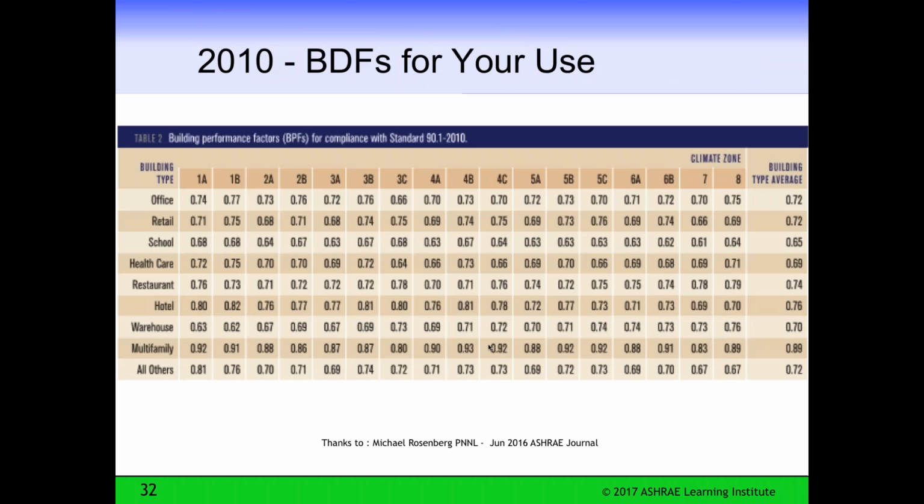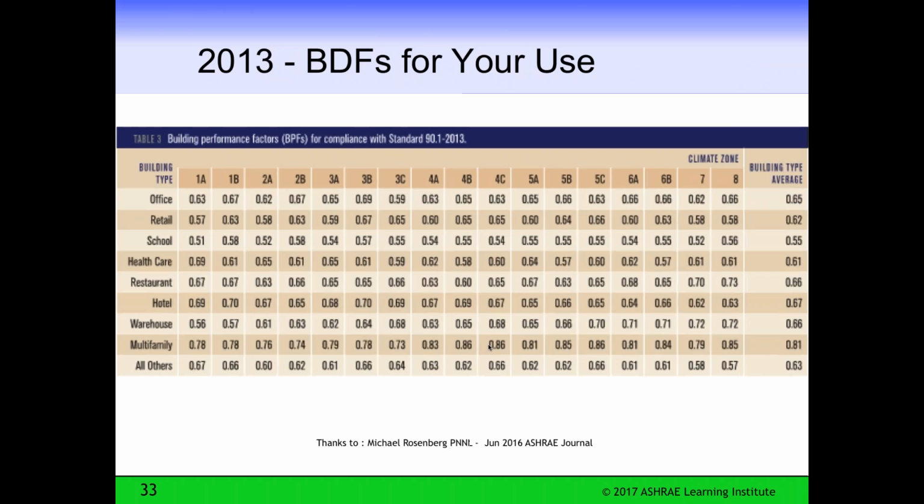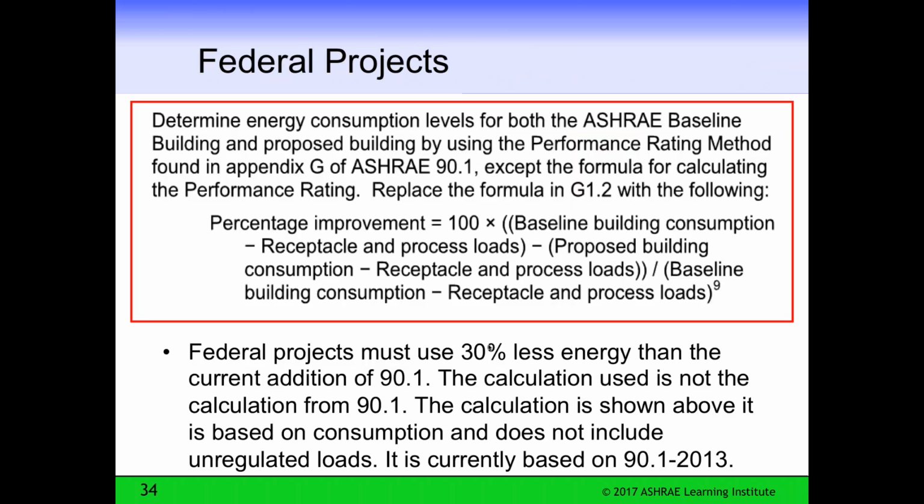And then here, this is a different table where you can update from the 2000 update to the 2010 version or the 2013 version in addition to the 2016 version. And then here are the federal projects.